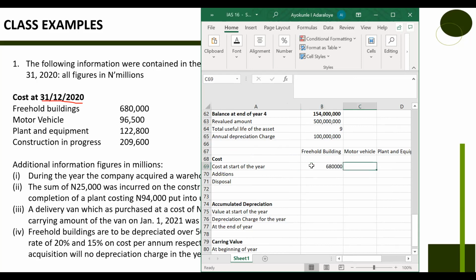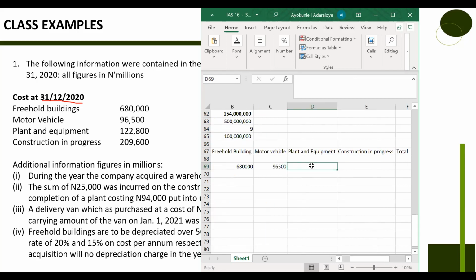Then this one is 96,500. This one is 122,800. And this one is 209,600. Let's sum everything together.